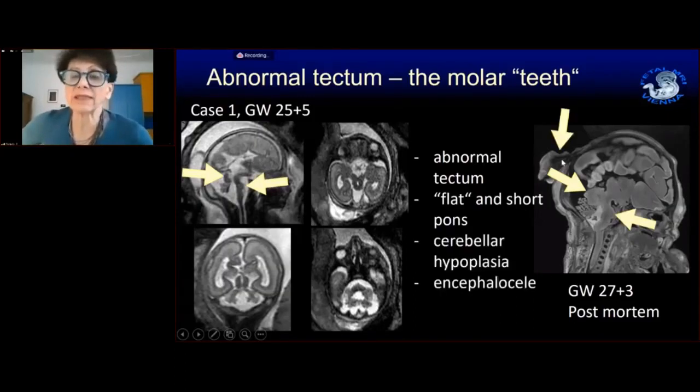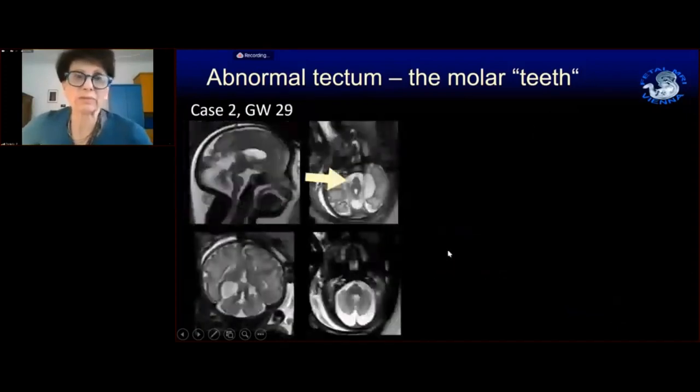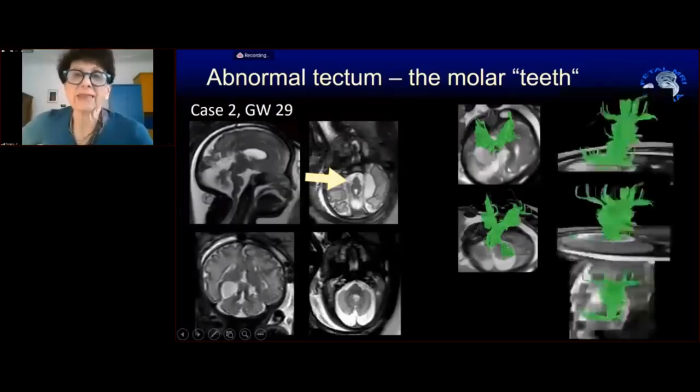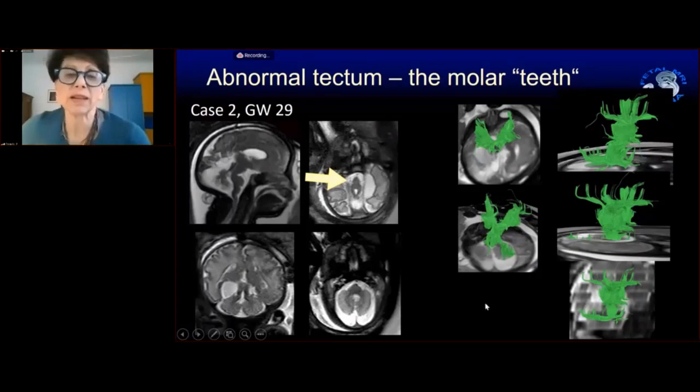When we do tractography, then we see that the tracts are not running as they should, because these molar tooth malformations are malformations of axonal guidance. So the axons that form the corticospinal tract supratentorially just don't pass the pons as they should. They have aberrant connections somewhere, and then the function is impaired too.